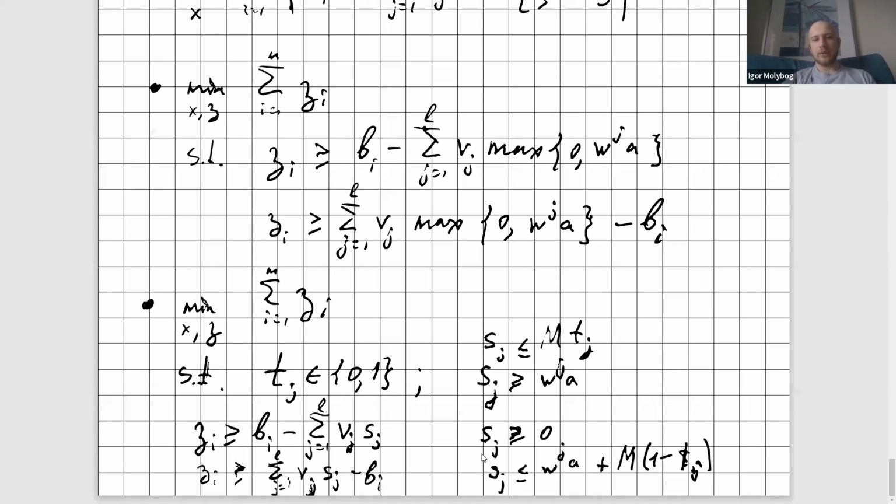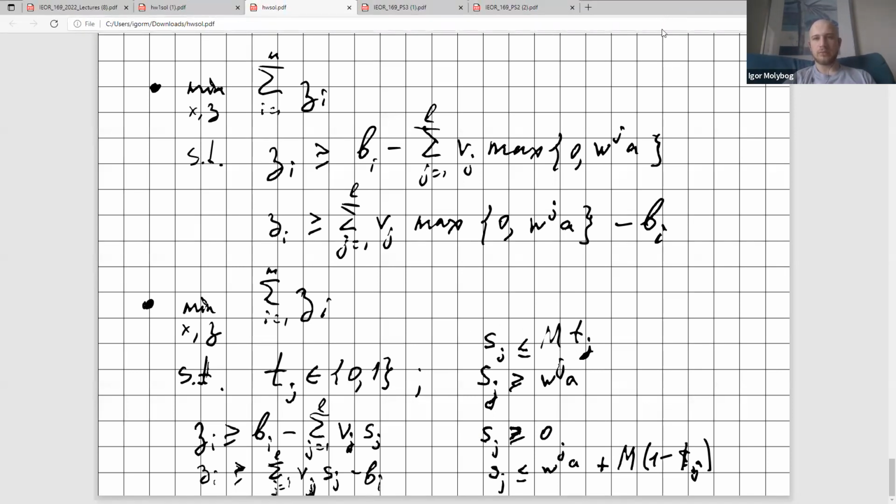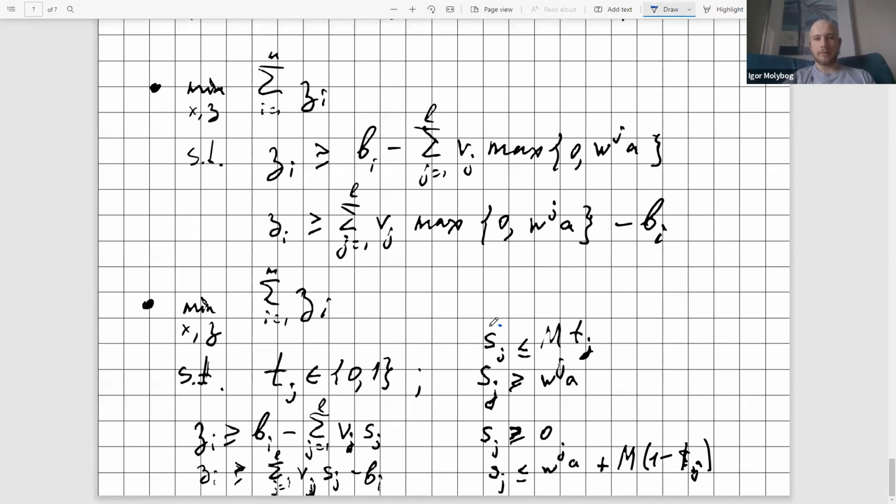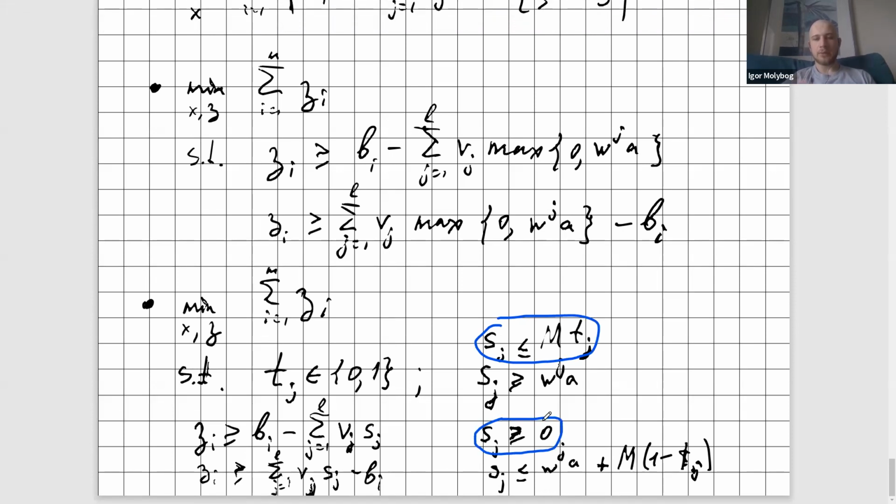Therefore, together with the inequality sj greater than or equal than 0, we are making sure that sj is exactly equal to 0 if tj is equal to 0, right? There's no other way. If tj is equal to 1, then sj can be anything that is above 0. So this can be obtained just by applying this inequality and this inequality. So far we know that sj is equal to 0 if tj is equal to 0, and sj is anything above 0 if tj is equal to 1.